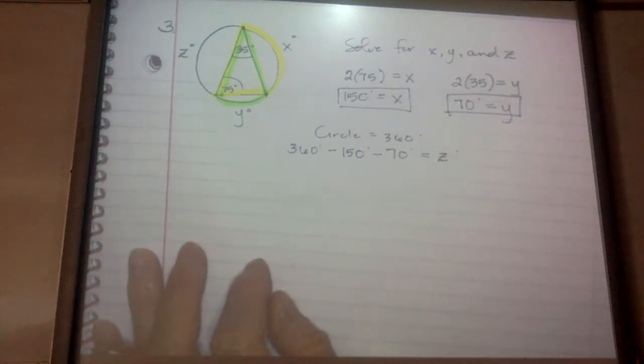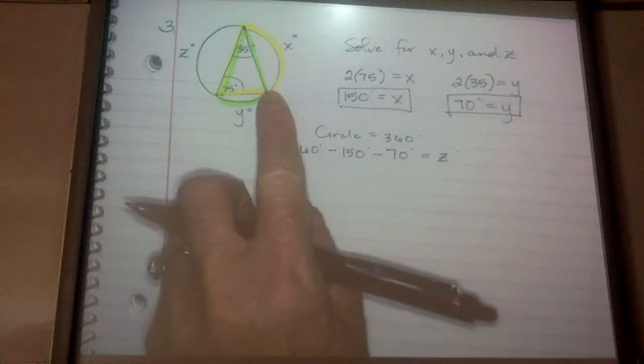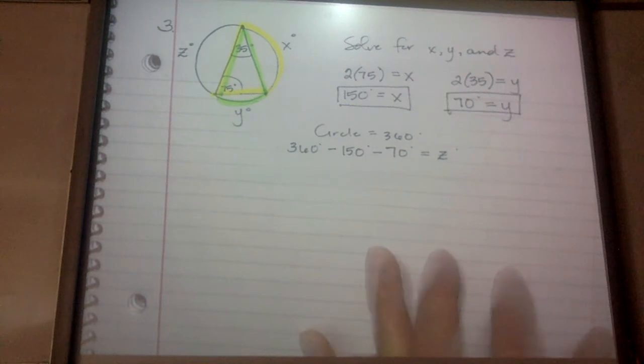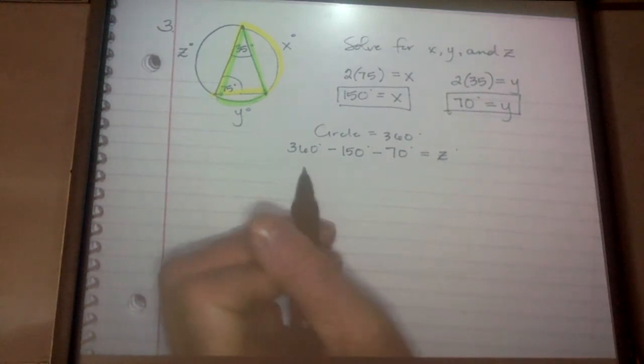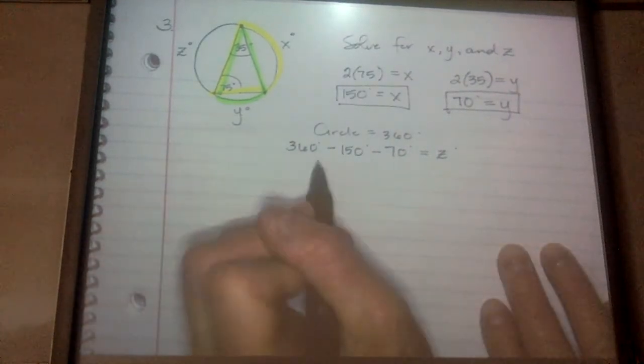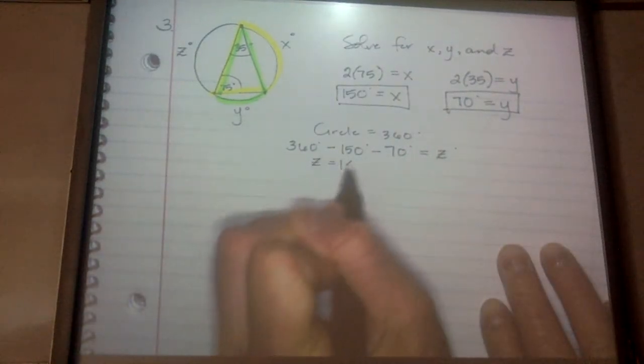So if I subtract that, I will get the value of z. So 360 minus 150 minus 70 should give me z. So that leaves me with, if I subtract those out, z equals 140 degrees.